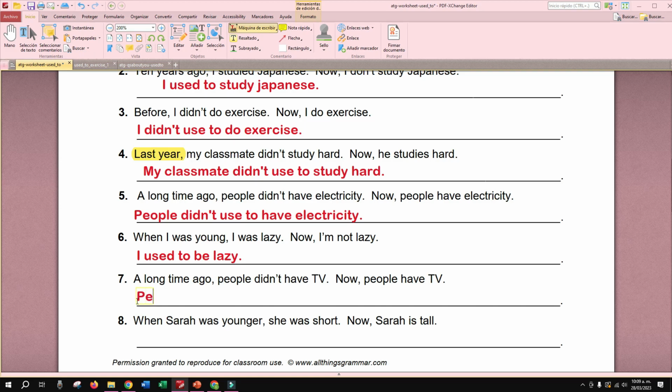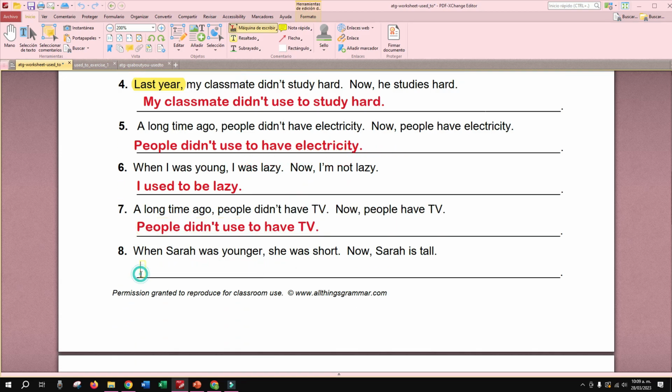People didn't used to have TV. Excellent. People didn't, right? Used to have TV. That's a good one. People didn't used to have TV. That's amazing. And the last one.